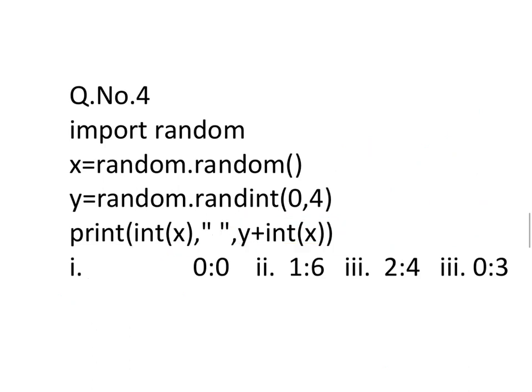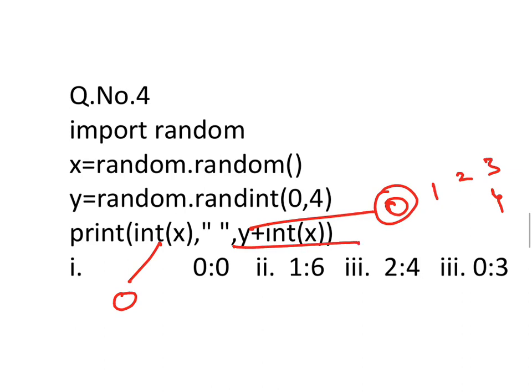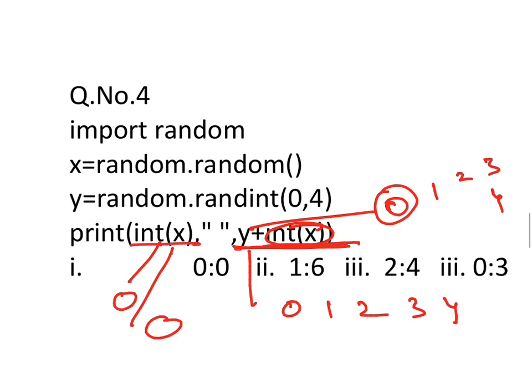So x will always be 0, and y will be 0, 1, 2, 3 and 4. When we are adding 0 here, this one will be 0. When you add anything to 0, it stays the same. So this portion always will give you either 0, 1, 2, 3 or 4, and this one always will give you 0 only. So you are printing here x and y plus x.